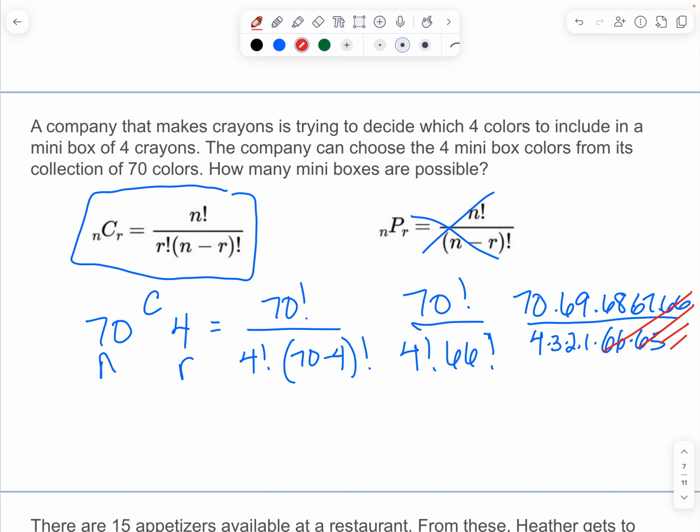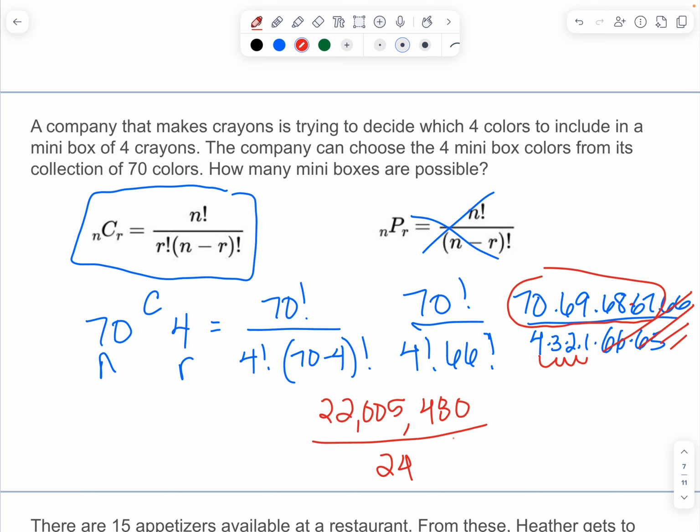So that's going to leave us with, up top, 70 times 69 times 68 times 67. And that should come out to be 22,005,480. In the bottom, we're going to do 4 times 3 times 2 times 1. That's going to be 24.